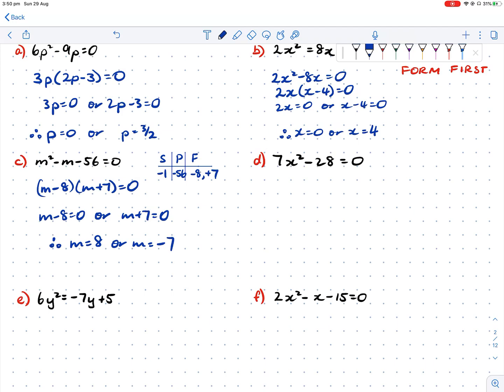In question D, we've got two terms, but it is still quadratic. If we look at these two terms, we can see there's a common factor. So that's always going to be our first step. So take out 7 as a common factor, and we've got x squared minus 4 equals 0 remaining. Now, you might look at this and go, well, there's no other common factors, but there is actually a way of factorizing this, if you remember your difference of squares.